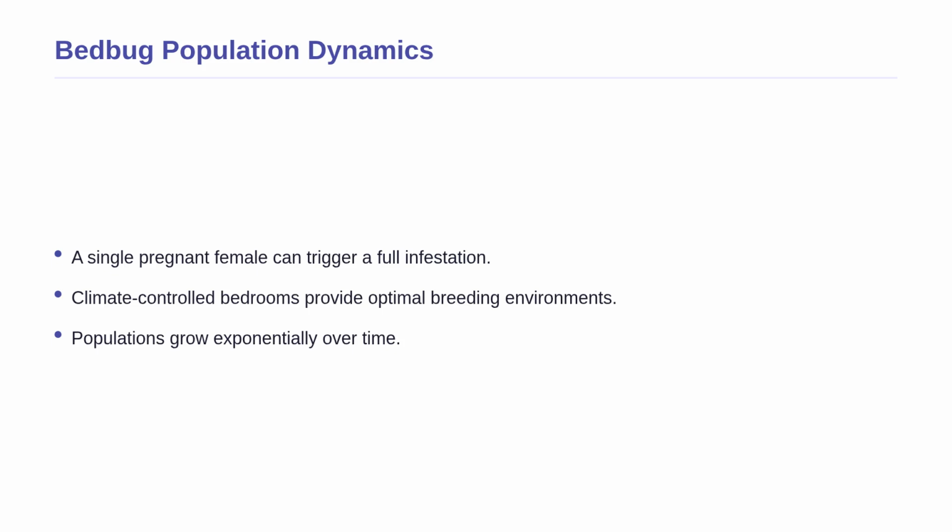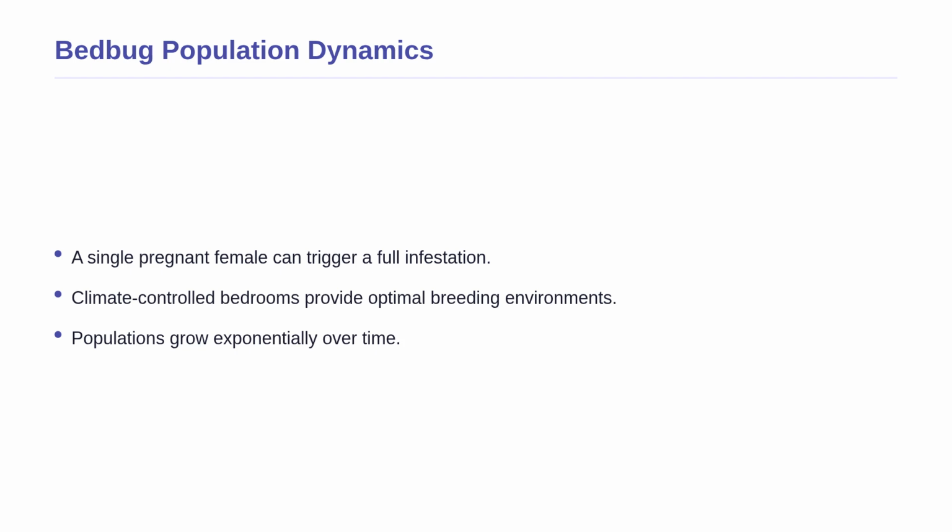Understanding their impact naturally leads us to ask, why are they such a nightmare to control? The answer lies in their population dynamics. A single pregnant female introduced into a home can trigger an entire infestation because she lays several eggs every single day.